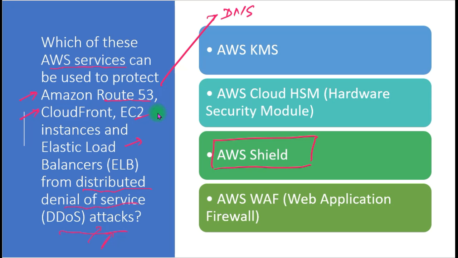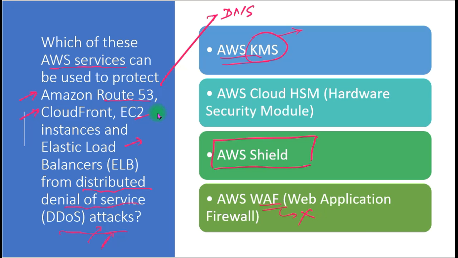We have already described what AWS WAF is. It helps us to protect our web application from SQL injection or cross-site scripting attacks, so this is not the correct choice for this one. We have already talked about AWS KMS, the key management service, which helps us to generate, store, or use our keys in AWS.